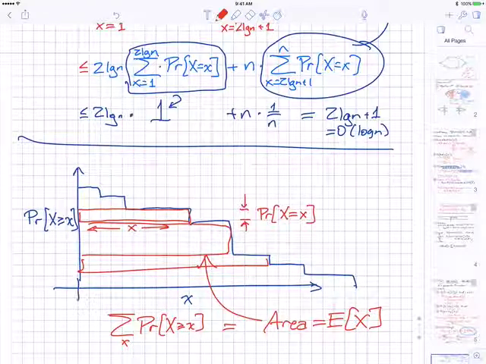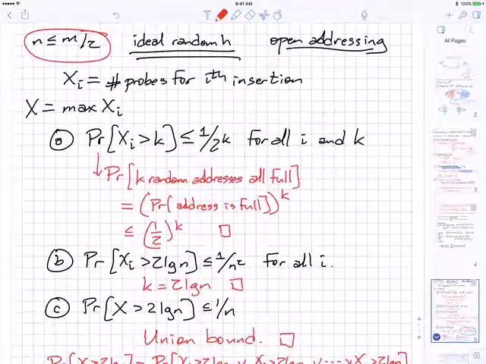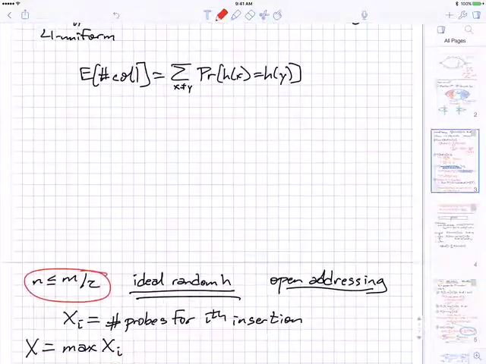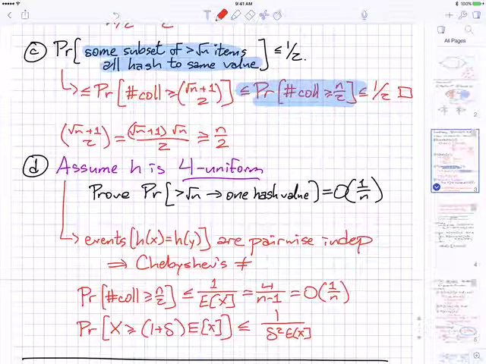And I have a question about the 4 uniform. Can you explain again why it has to be 4 uniform? Oh, for this particular, where was it? Hashing thing. I need it to be 4 uniform because I need to know something about the independence of pairs of events where each event involves a pair of hash values.